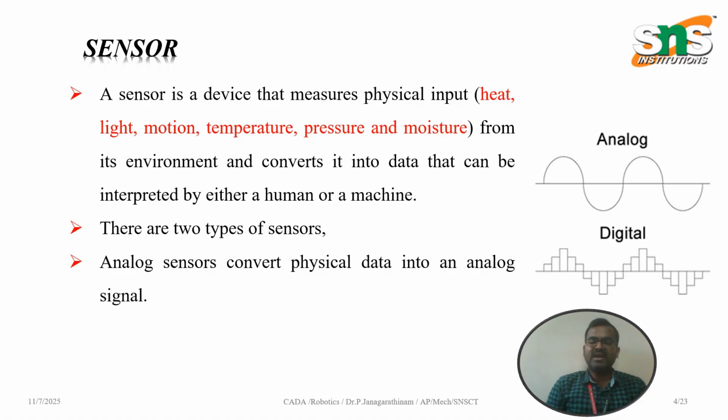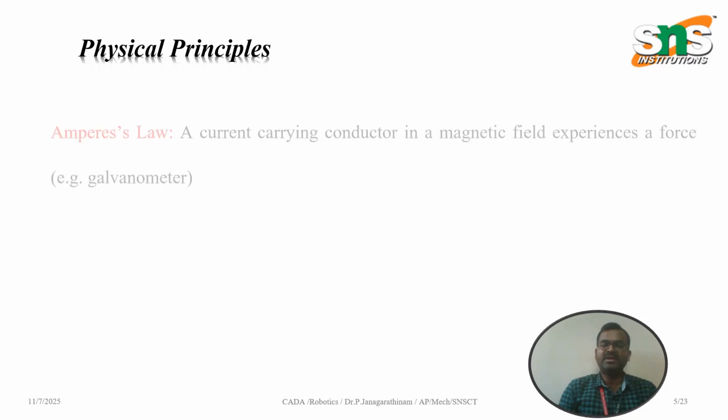It observes the environment and converts the data into a form that can be interpreted by either a human or a machine. There are two types of sensors, analog and digital. Analog sensors convert the physical data into analog signals, and the other type is digital sensors.